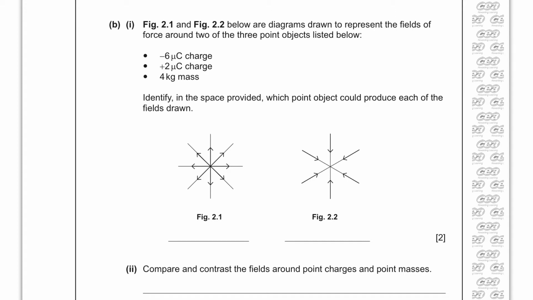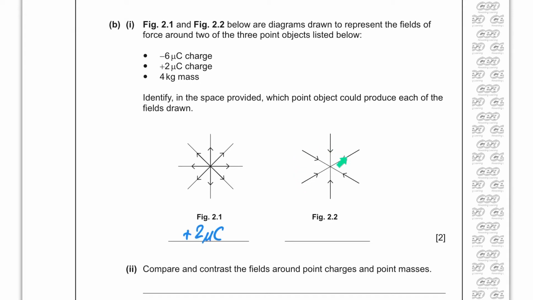Firstly, gravity can't create an outward field, so this first one has to be the +2 microcoulomb charge. Remember, field points in the direction that a positive would be pushed, and if there was a +2 microcoulomb charge at the center, positives would be pushed away because of repulsion. So this has to be the 2 microcoulombs.